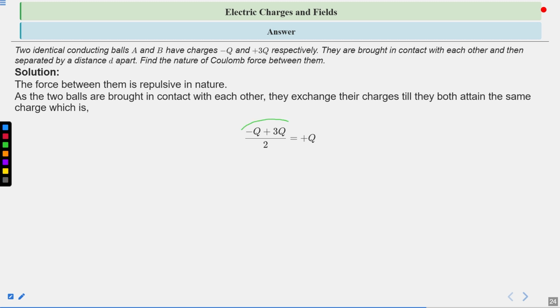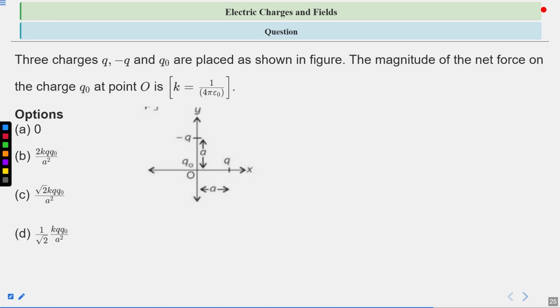So total charge becomes q. Since both acquire the same charge plus q, hence they repel each other. The nature is repulsive.